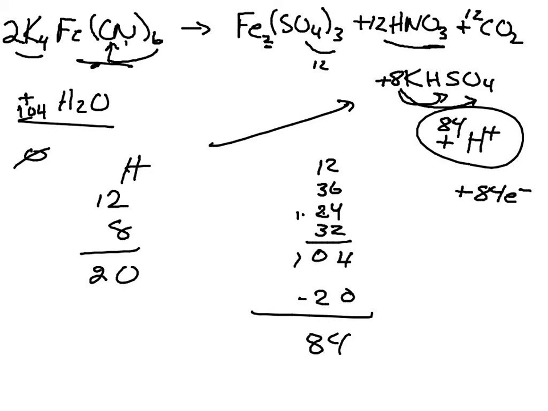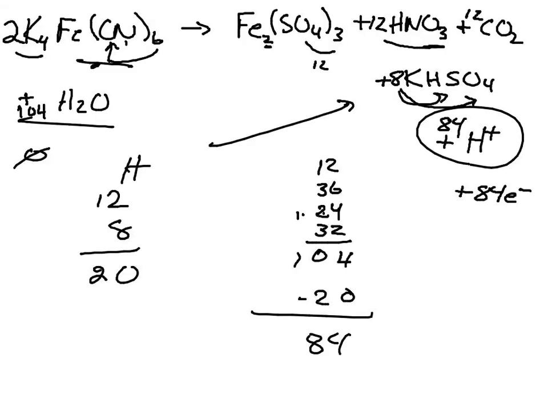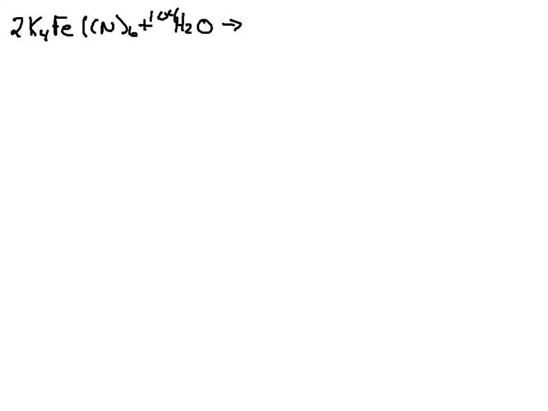Probably we need to sort of neatify that. So let me do that. So I've got 2K4Fe(CN)6 plus however many waters. What was the waters? It was a big, no, 100 and something. 104 waters. And that's going to make Fe2(SO4)3. Kind of trying to write it small here.